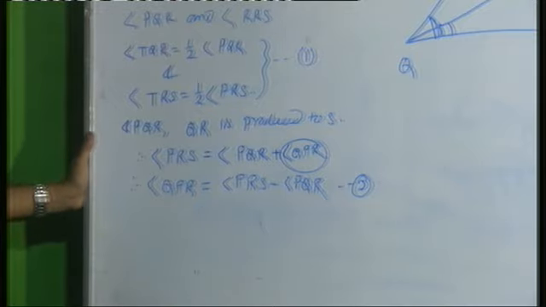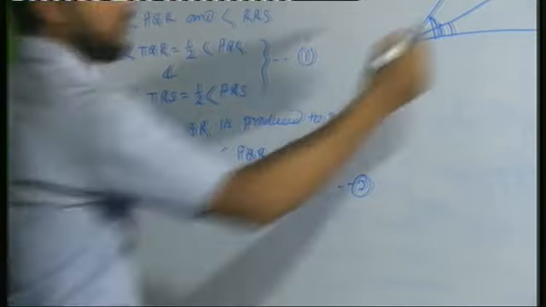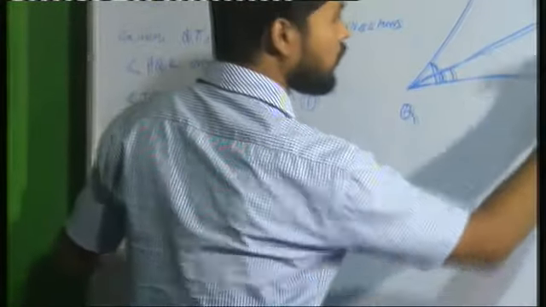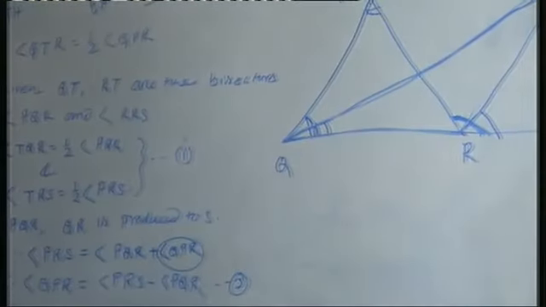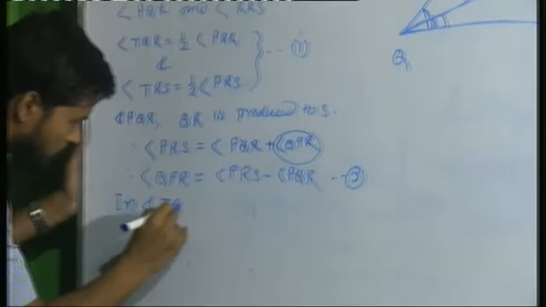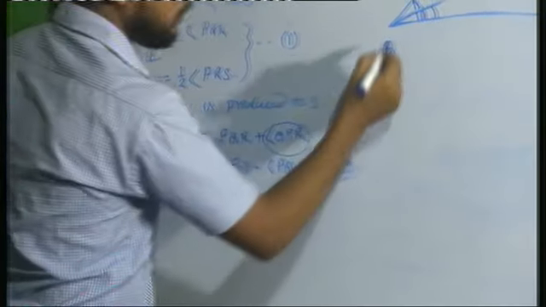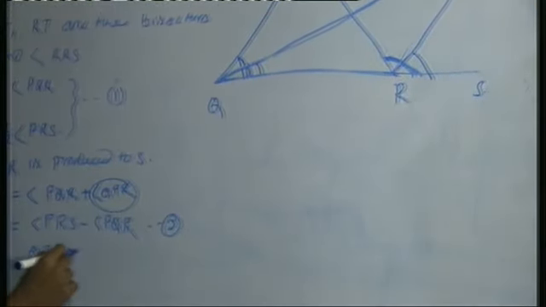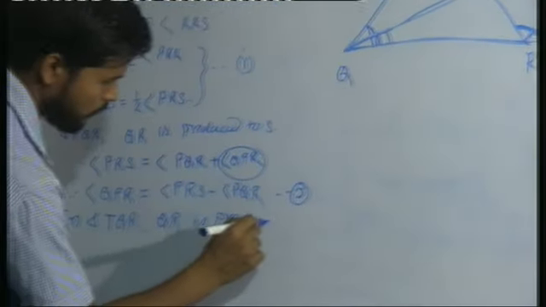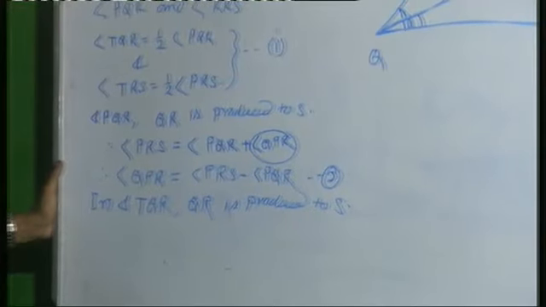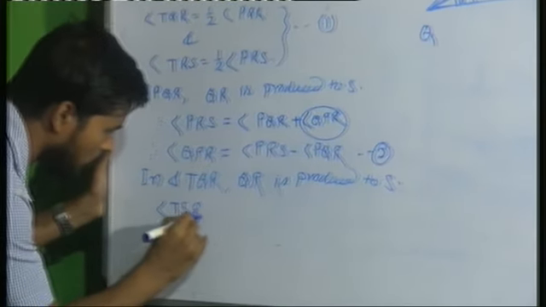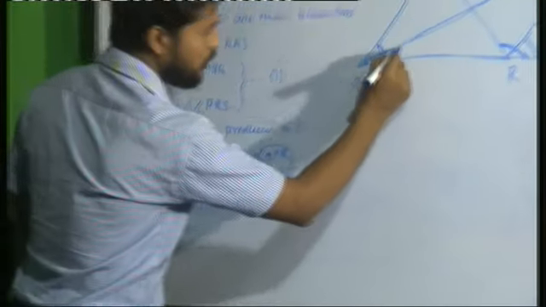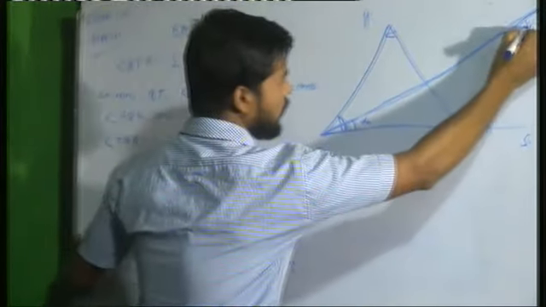Okay, now consider the triangle TQR, and you can see that the side QR is produced to S. So the exterior angle TRS is equal to the sum of the opposite interior angles, this angle and this angle.